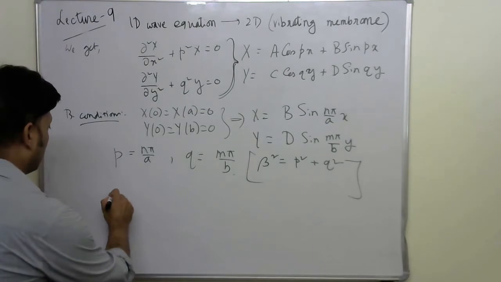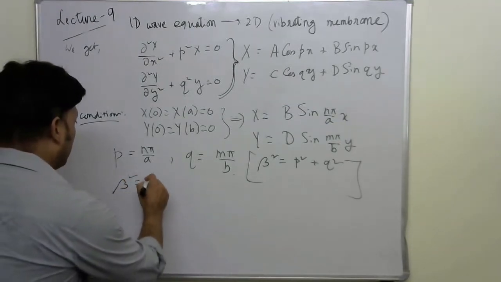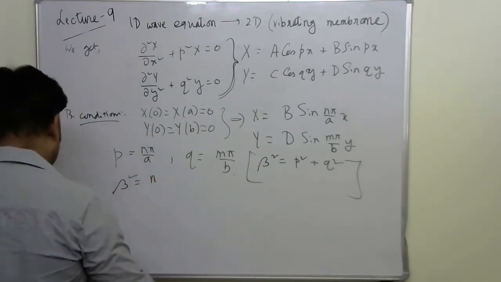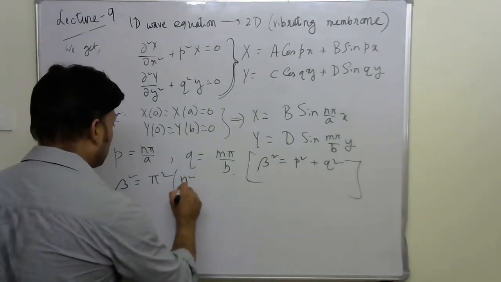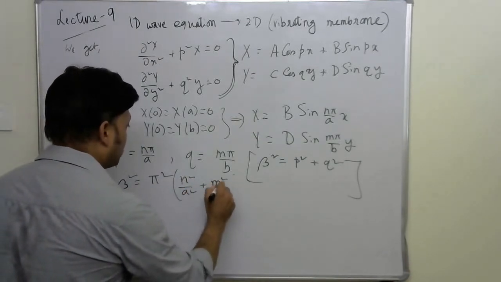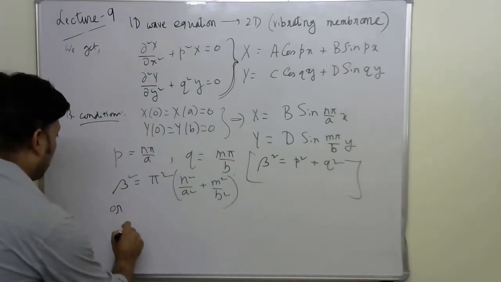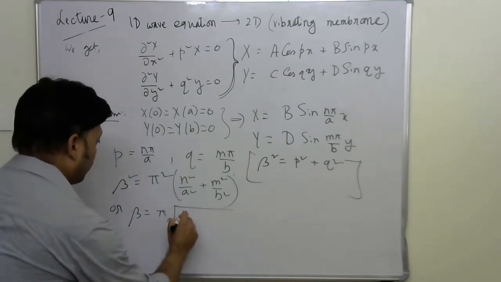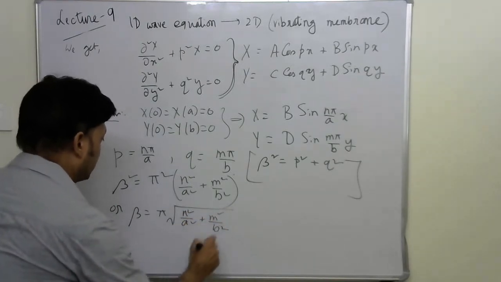We can write beta squared as pi squared common, times n squared by a squared plus m squared by b squared. Or we can directly write beta equal to pi times the root of n squared by a squared plus m squared by b squared.